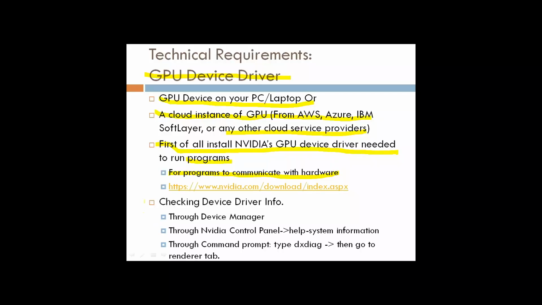Now we can check the device driver info through our device manager. We can also go through the NVIDIA control panel if we have installed the driver. When we right click on our desktop, we will see the NVIDIA control panel, and then we can go to help and system information to see the details of our card and our driver.